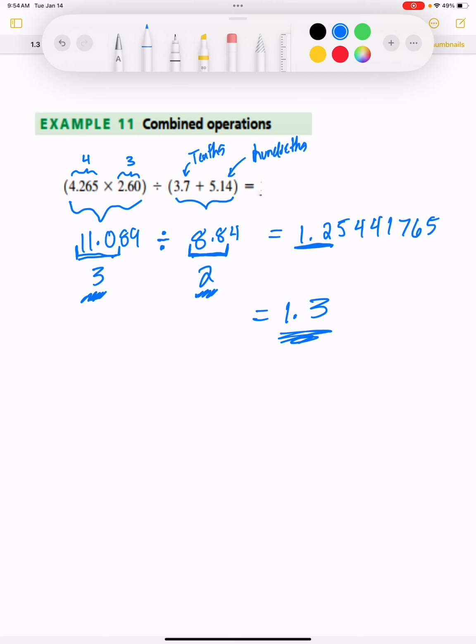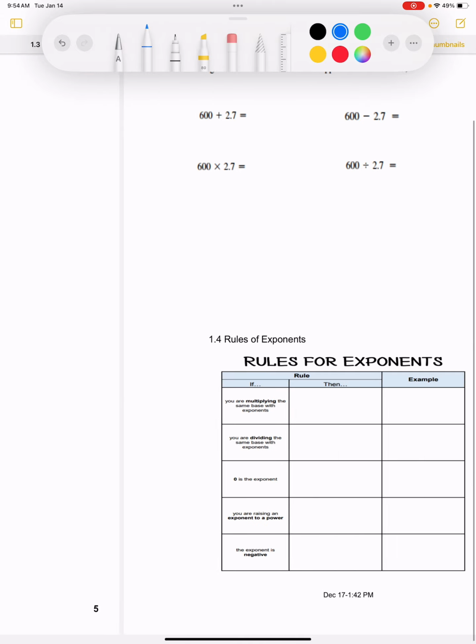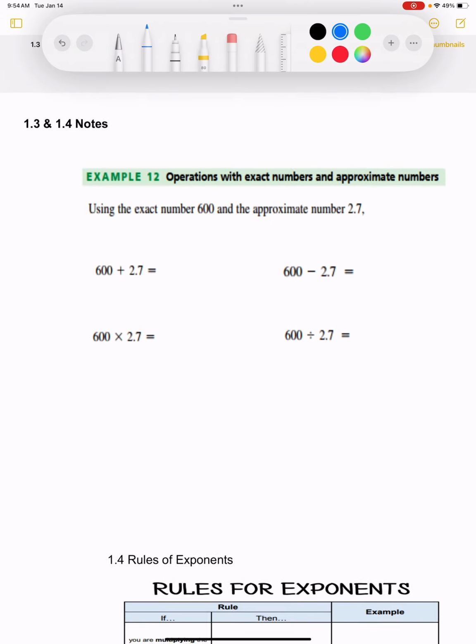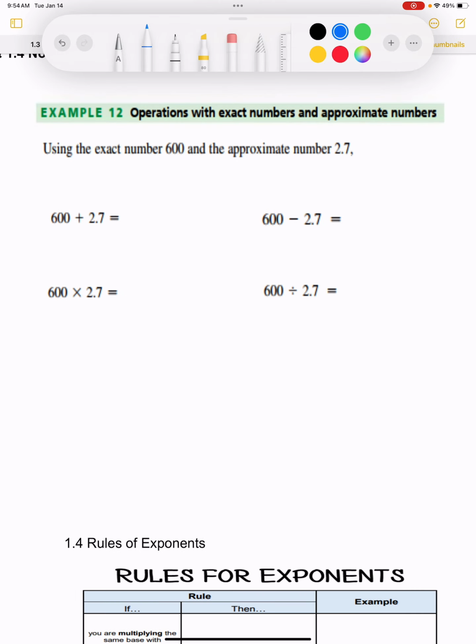All right. So let's move on to example number 12. Example 12, operations with exact numbers and approximate numbers. So using the exact number of 600 and the approximate number of 2.7.